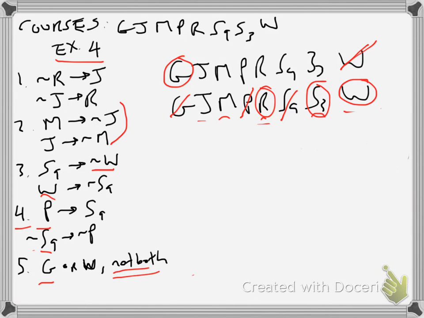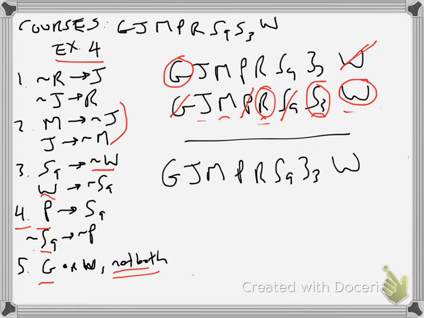So, if Alicia takes statistics at 3 and geography, we make a new sketch. G, J, M, P, R, S9, S3, W, and here they're telling us she's taking statistics at 3. So this was going to be a statistics at 3.